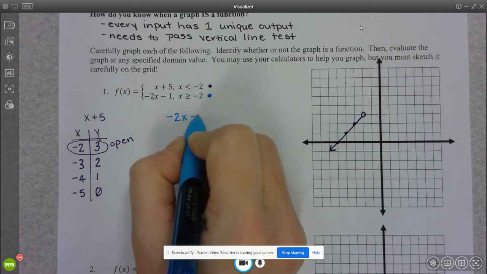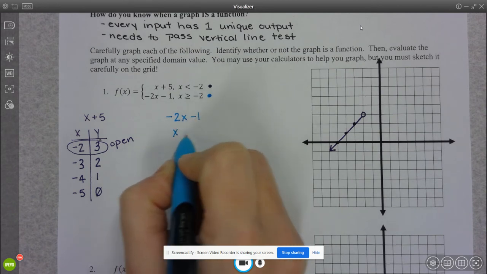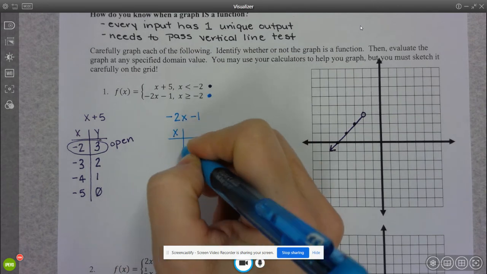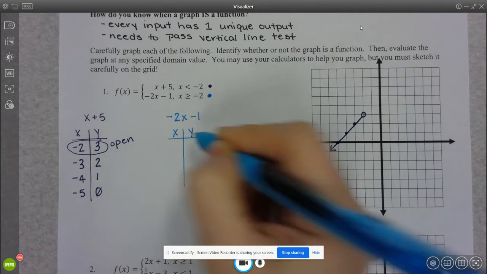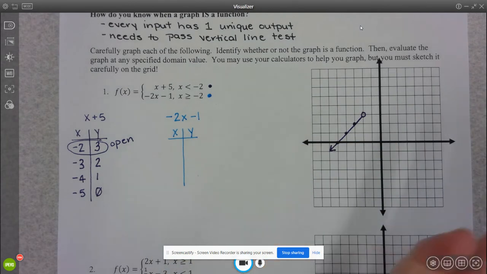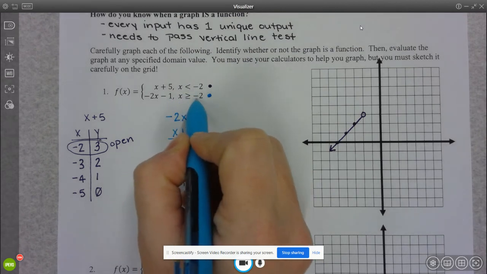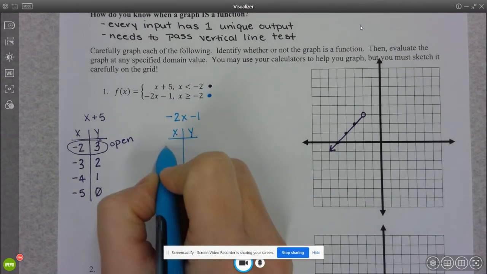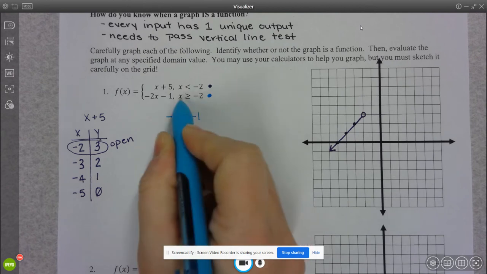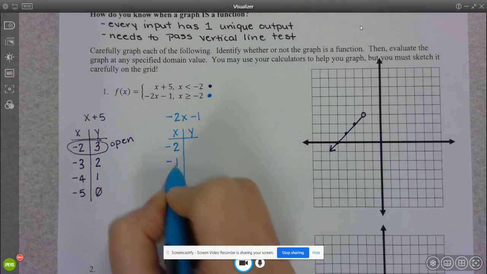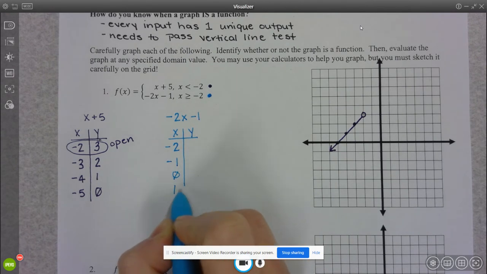-2x minus 1. And if you're doing a table, I usually do 3 or 4 points just to make sure I've covered my bases. I have to include the point that's here in my domain statement. And then I'm going to go bigger. So I'll have -1, 0, and 1.